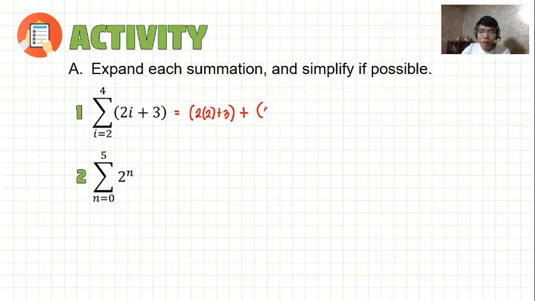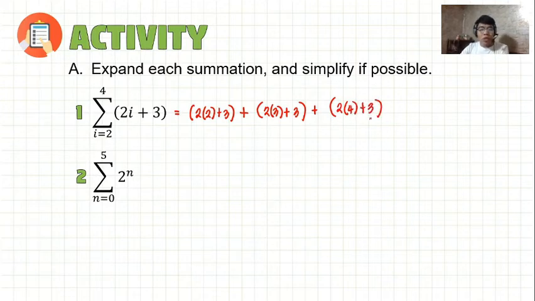So you have 2 times 3 plus 3. You only substitute in i. Plus, add 1 again: 2 times 4 plus 3. Here we end, because our upper limit is 4. So this is the expansion.